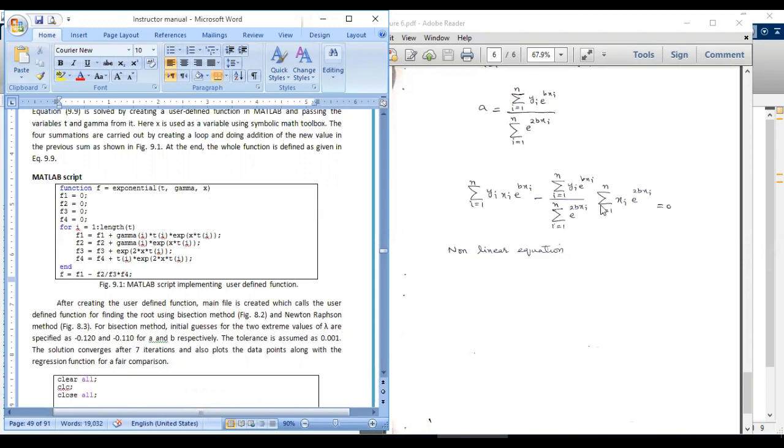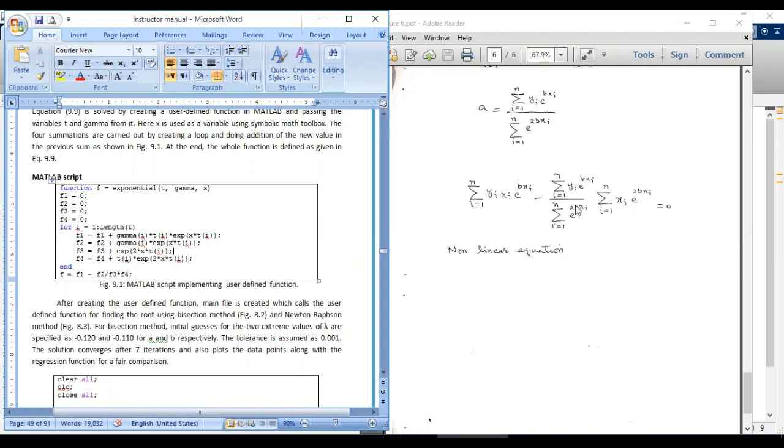This second function is actually this summation: yi means gamma i into exponent b xi, or xti. This is our third summation, exponent 2 into x into ti, and this is our fourth summation: f4 is equal to f4 plus ti, which is actually our xi, and exponent 2 x into b xi.